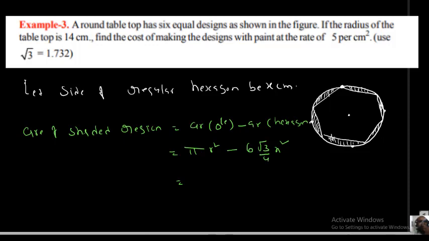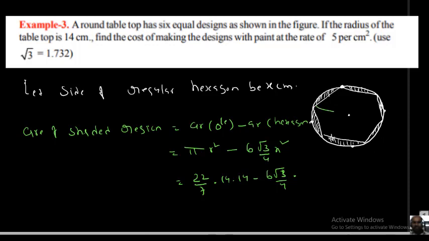Now, what is given? Radius is given: 22 by 7 into 14 into 14 minus 6 root 3 by 4 into x square. X means this length should be found. I will show you how to find it.